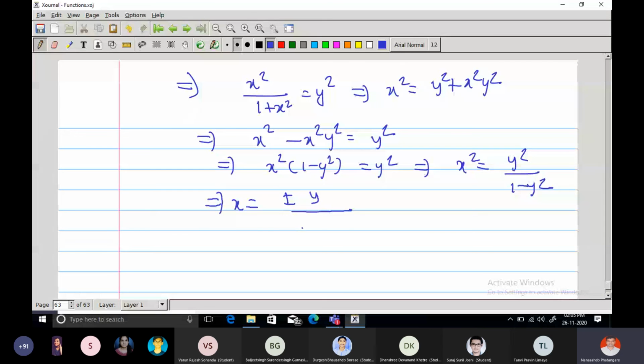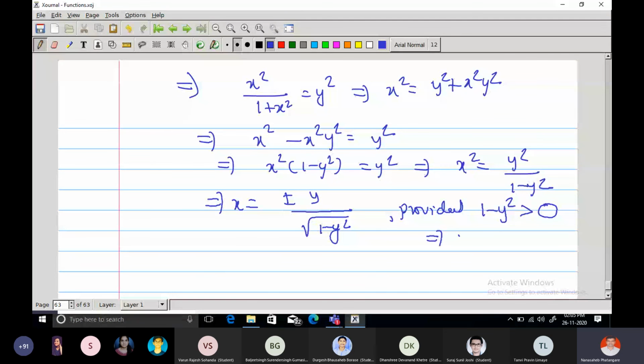And when is it possible to produce x? Provided this is well defined. Well defined means what? Denominator is a real number. When this is well defined, provided 1 minus y square is greater than 0.